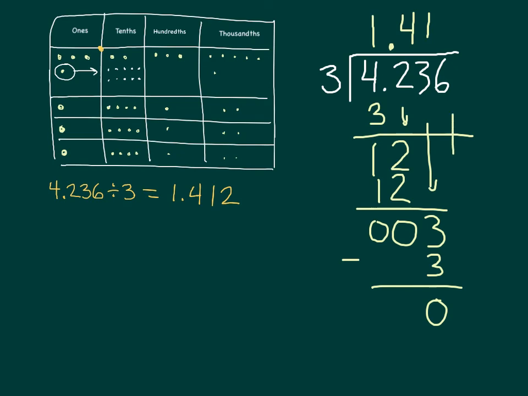And so now I'm looking at my 6 thousandths, just like I was looking at 6 thousandths over here, and I want to divide into 3 piles. So if I take 6 thousandths and divide it by 3, then I'm going to get 2 thousandths. And look where that 2 is, right in the thousandths place. And I'm left with nothing. And so you can see that the standard algorithm corresponds directly to place value, and that's why it works. And that is all there is to today's lesson.